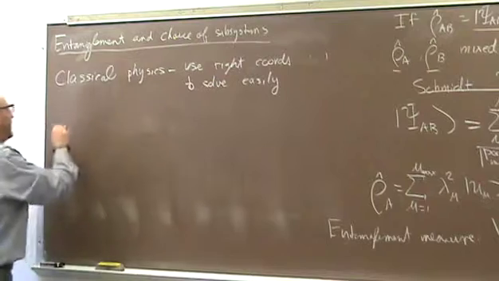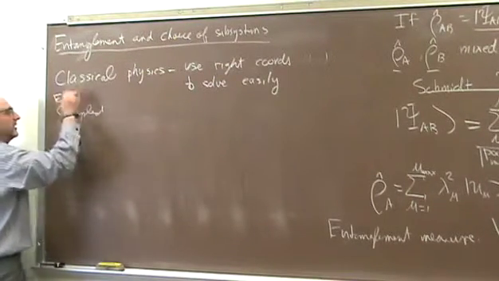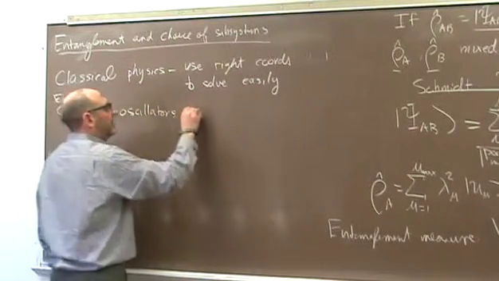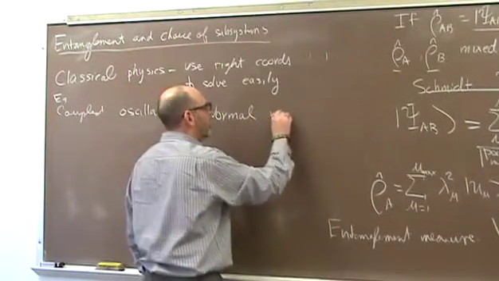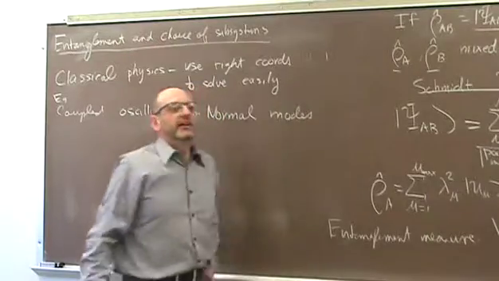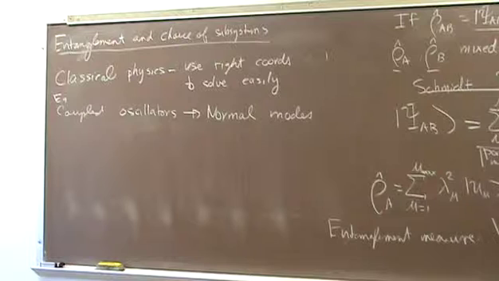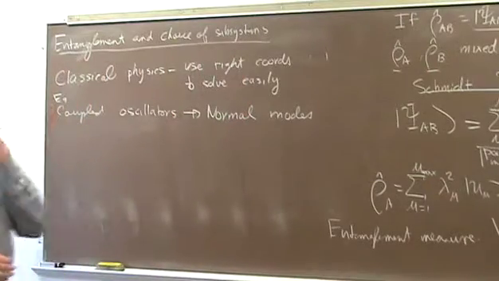So for example, if we have coupled oscillators, we can solve the problem instantly using normal modes. Instead of using the coordinates of each oscillator, one uses the collective variables, normal modes, and then the system separates into normal mode coordinates, and then you have separated Hamiltonians, and the system is integrable.